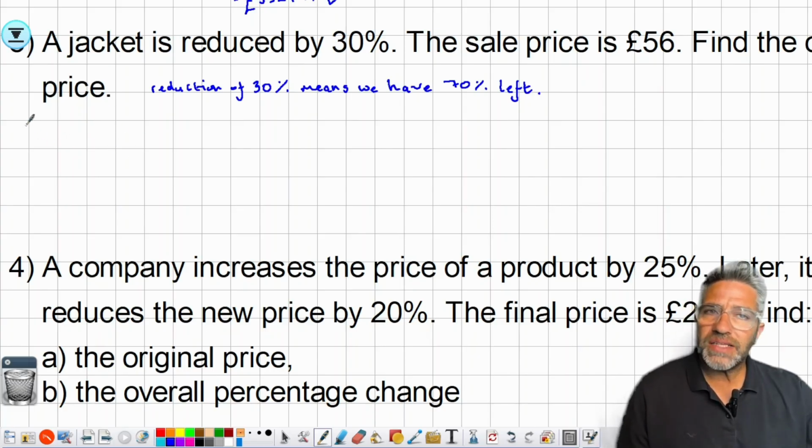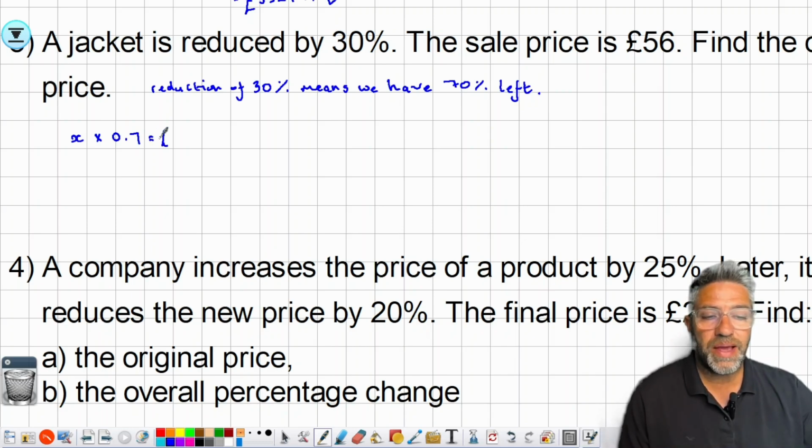I'm just going to call our starting price X. And if we reduce our starting price by 30%, that means I must multiply it by 0.7, as we've looked at here. And we're told that the sale price is £56.